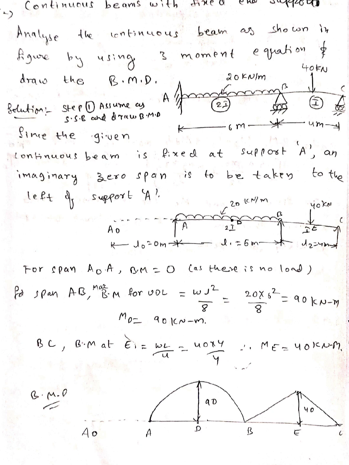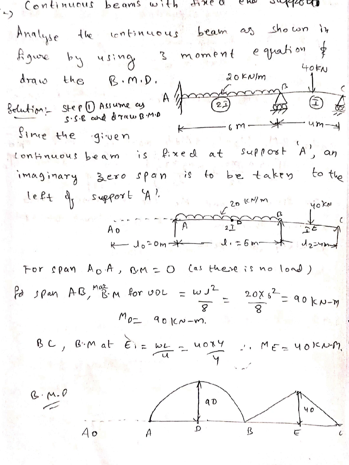Remaining everything is the same. For span A0A, bending moment is 0 as there is no load. For span AB, the maximum bending moment value for UDL, wL squared by 8, is 20 into 6 squared by 8, which is 90 kN meter. That means moment at D is 90 kN meter.